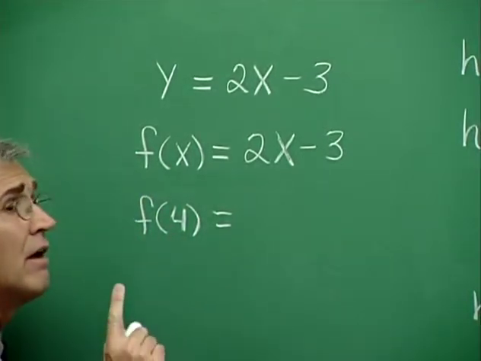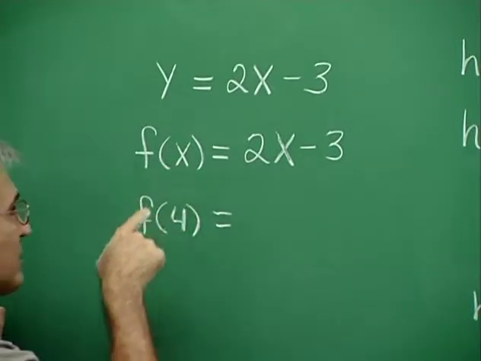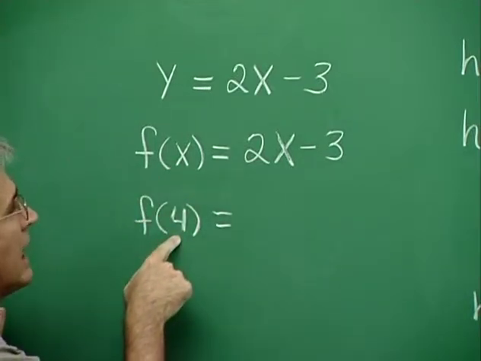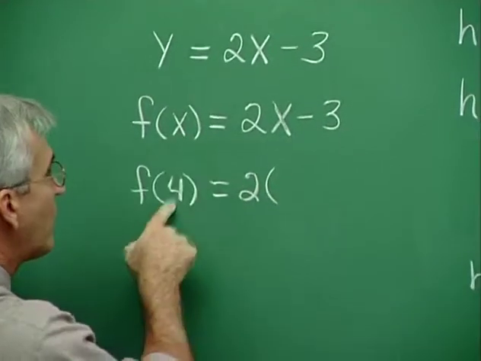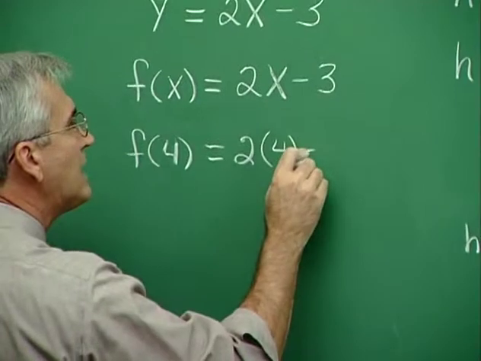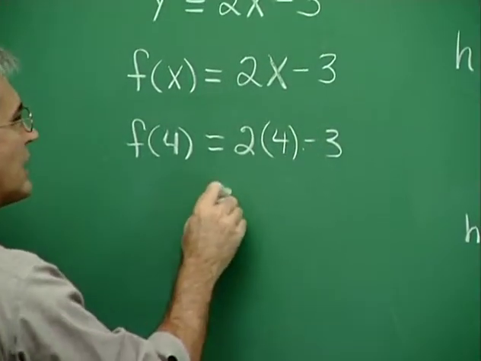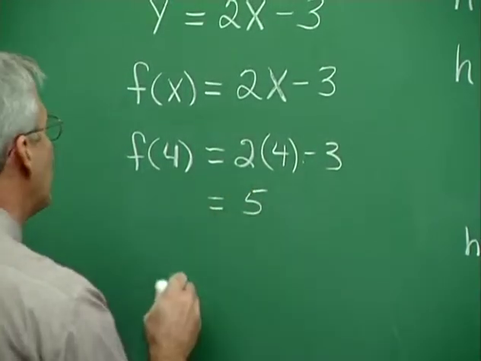We're finding the value of f at 4. We make the substitution, replace x with 4, and evaluate. That's 8 minus 3, or 5.